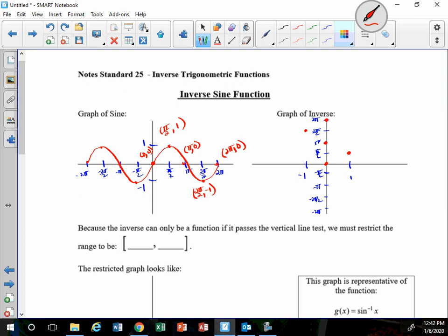You can certainly keep labeling the points on the sine graph, or you can start to follow the pattern and do the bottom half of your graph here. Apply your points. Connect.